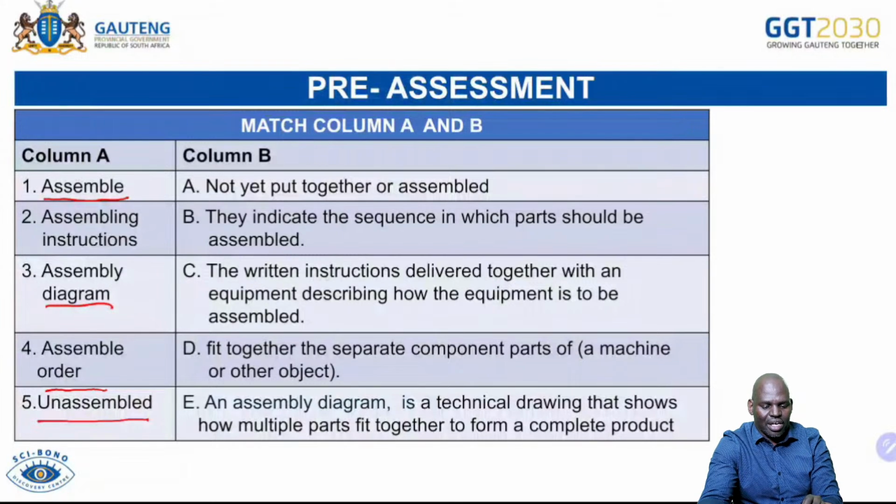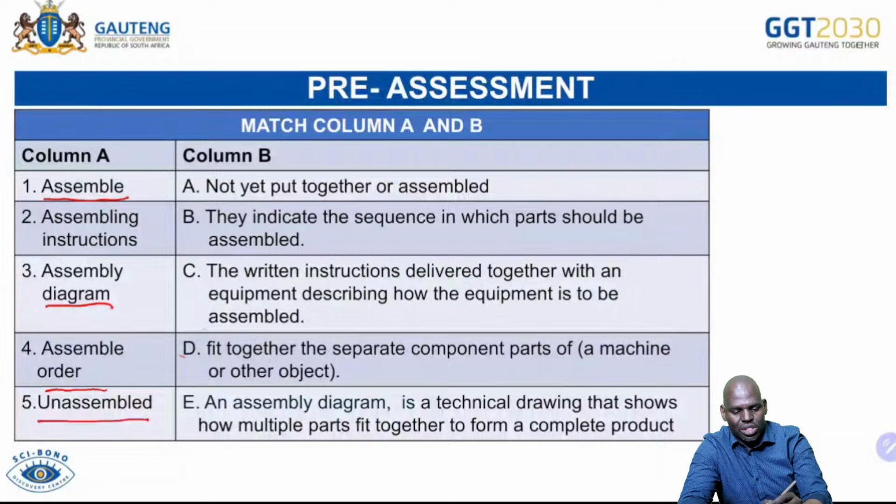C: the written instructions delivered together with an equipment, describing how the equipment is to be assembled. And D: fit together the separate components, parts of a machine or other object. So assemble matches with D, which means fit together the separate components, parts of a machine or other objects. In this case, we'll say number one matches with D.